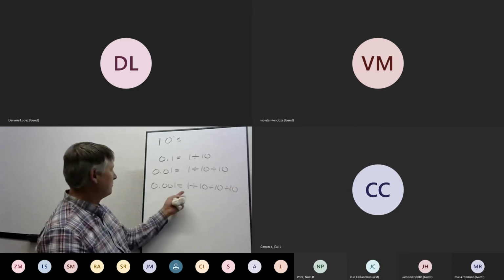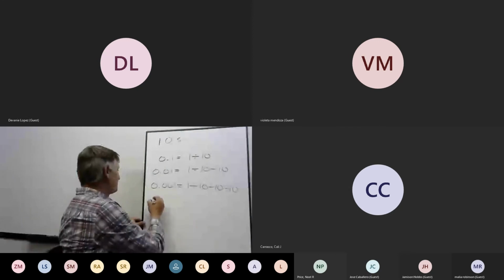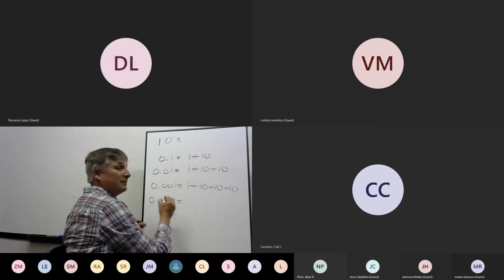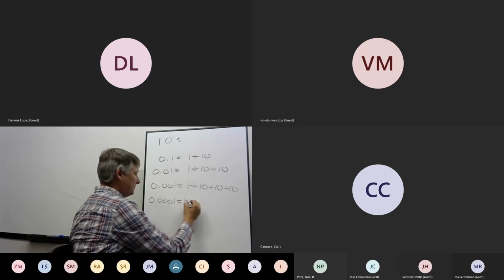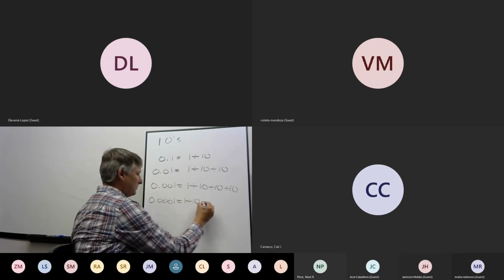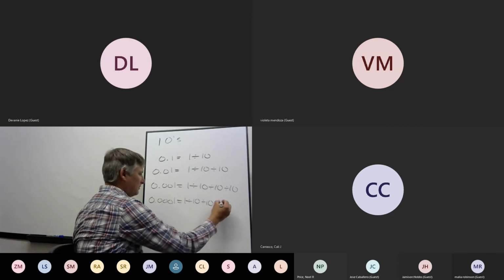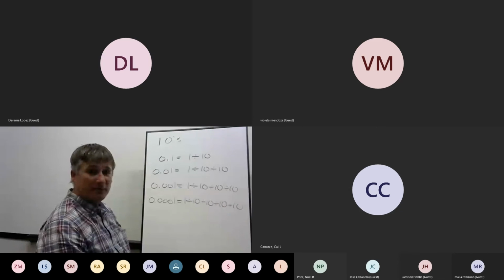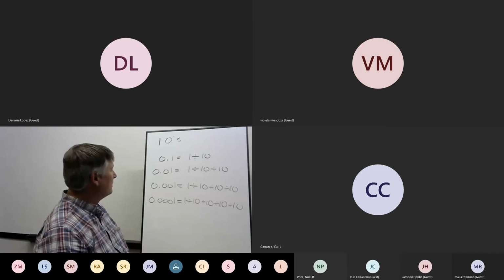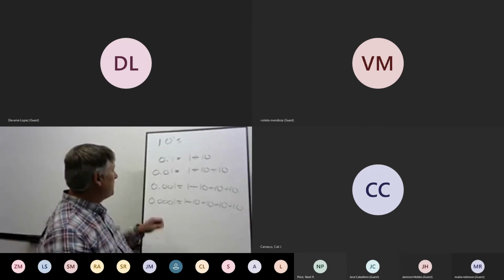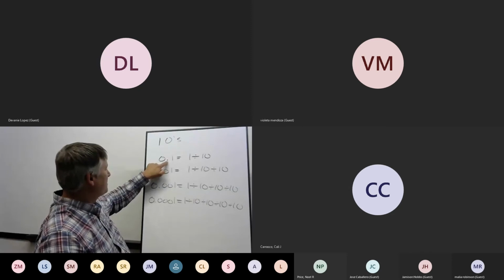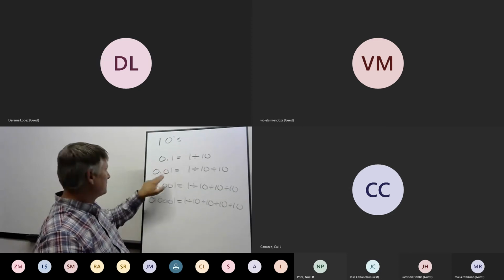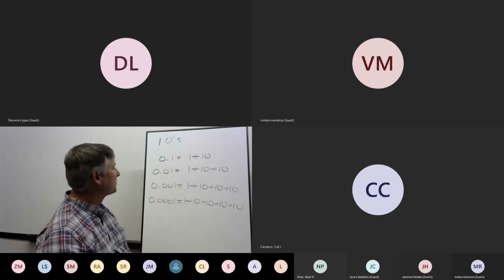Thousandth, we divide by 3 10s. 10,000, we divide by 4 10s. So each time the decimal we're getting is another 0 between the decimal and the 1. So there's 1 0, there's 2 zeros, there's 3 zeros.